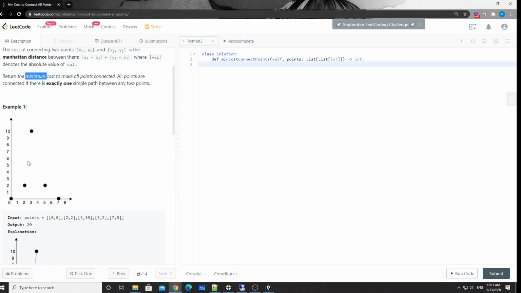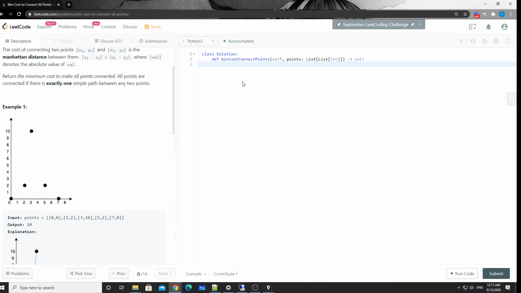And we only add the cost when those two points had not been unioned before. That's the beauty of the union find data structure. Cool, I think that's pretty much the idea behind this problem.